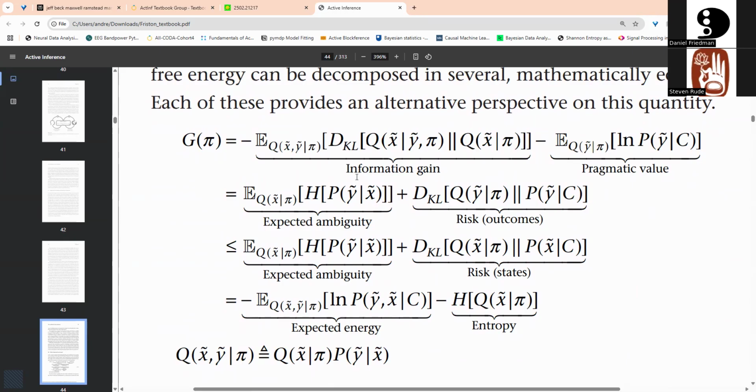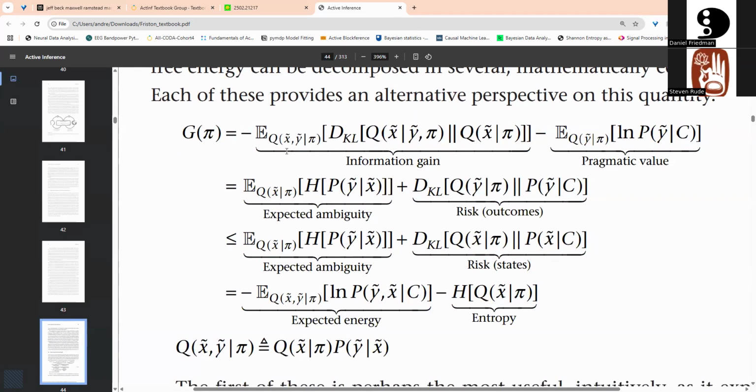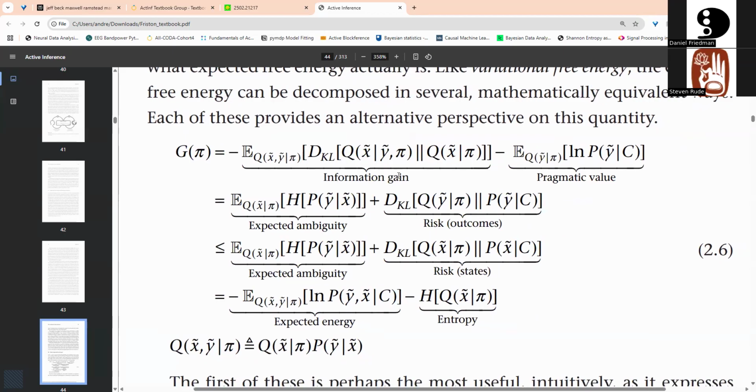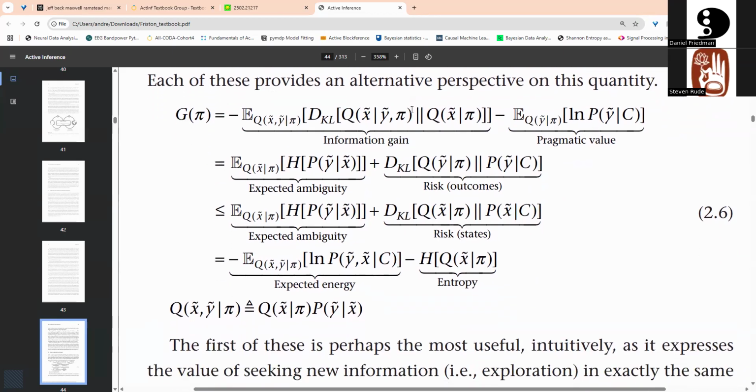These kinds of equations are very important to get some intuitive grasp of, especially if you're still wading your way through the textbook. Part of the strength of active inference that I've always appreciated is being able to apply more qualitative terms to different aspects of it, such that you don't necessarily have to know all of the underlying maths in order to talk about active inference, do research in it, or write about it.